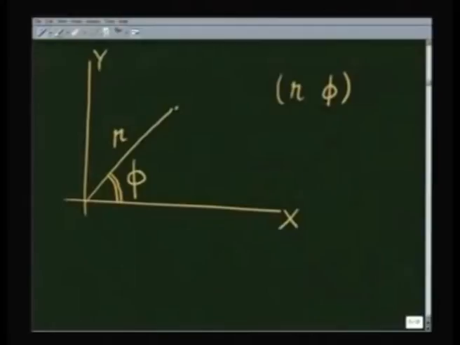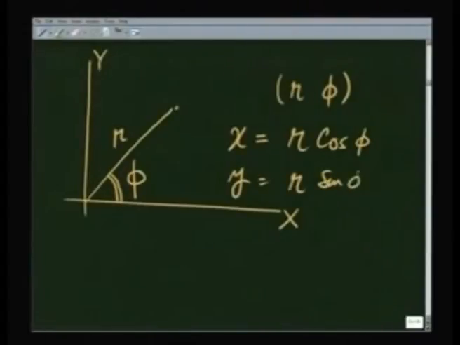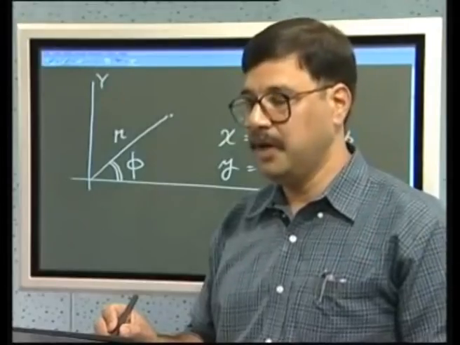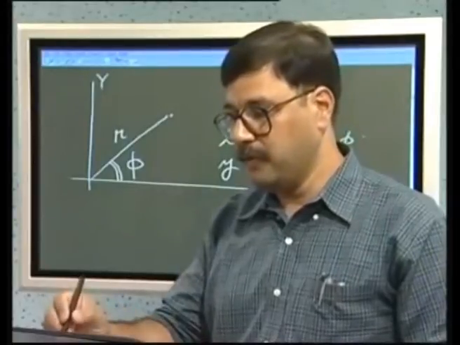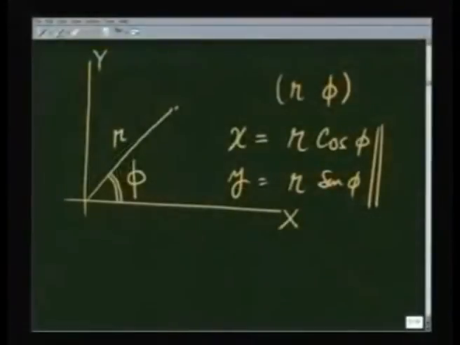Obviously, x coordinate is given as r cosine of phi, and the y coordinate is given as r sine of phi. I also need to give the unit vectors in this coordinate system if I want to describe a vector quantity. The unit vectors are given as r unit vector in this direction, and the other unit vector is in increasing phi direction perpendicular to r, so it is in this direction, which I will call the unit vector phi.